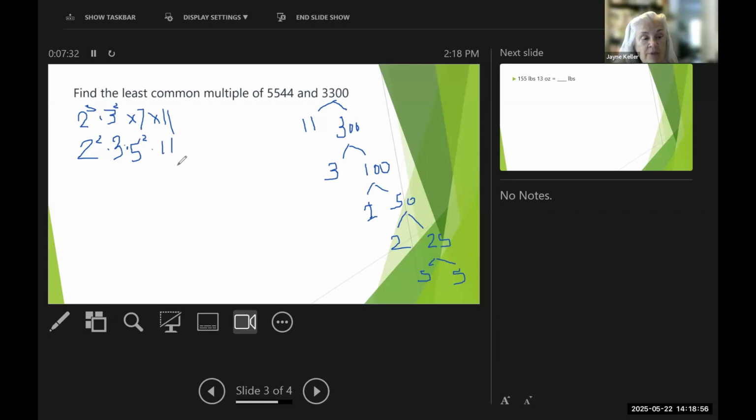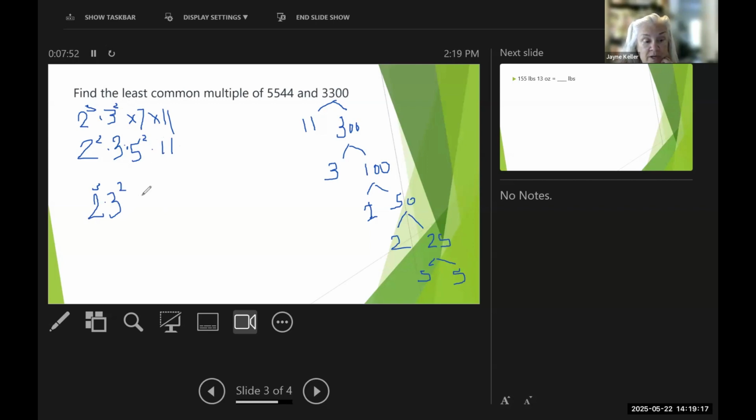Okay, so for my least common multiple, I'm going to start with 2. And again, it has to be the bigger of them. So 3 is the bigger one, so I'm going to take 2 cubed. And then for the 3s, I've got a 3 squared and a 3, so I've got to take the 3 squared.